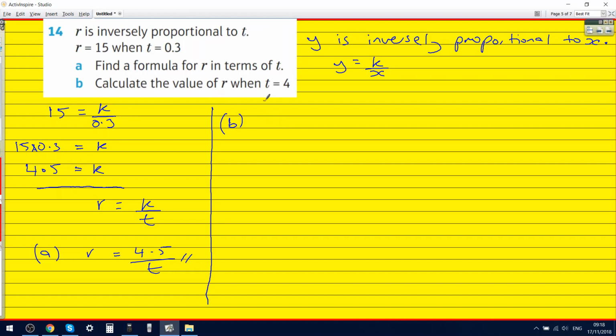It just says calculate the value of r when t is 4. Oh wait, if I just do 4 is equal to 4.5 over T, that would be if r was 4. They said t is 4. Oh, sorry. So 4.5 over 4. Yeah. All right.